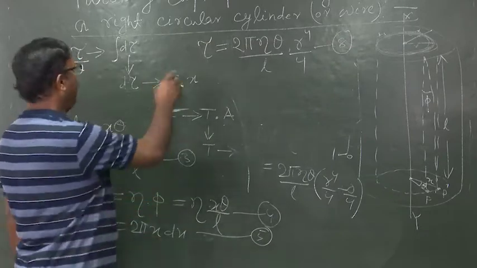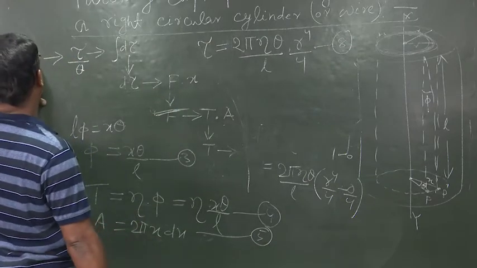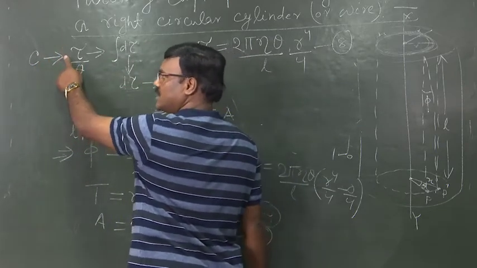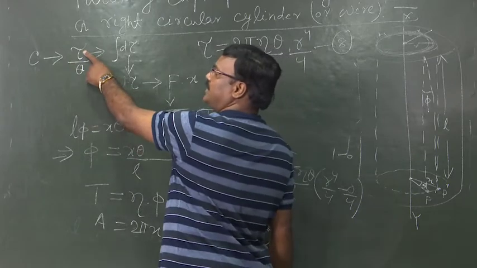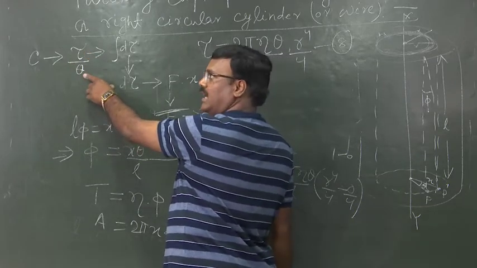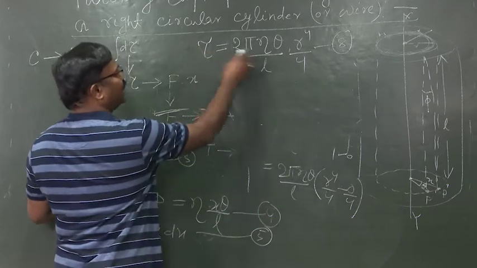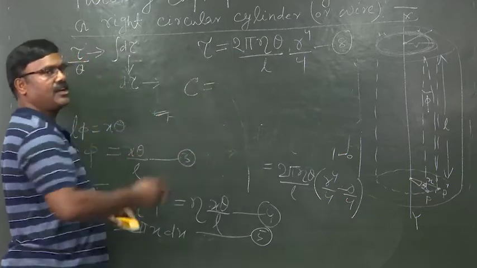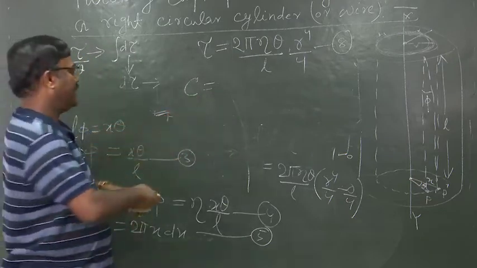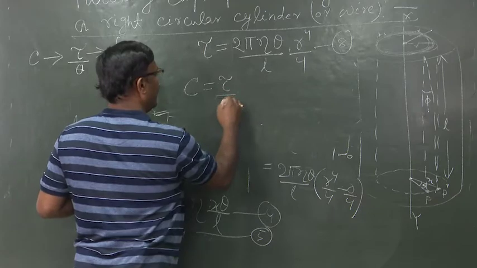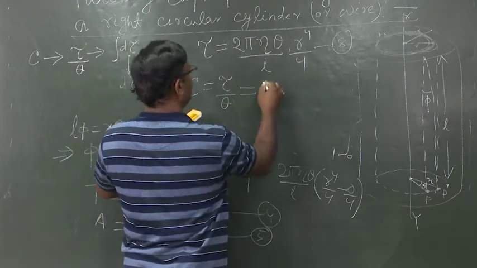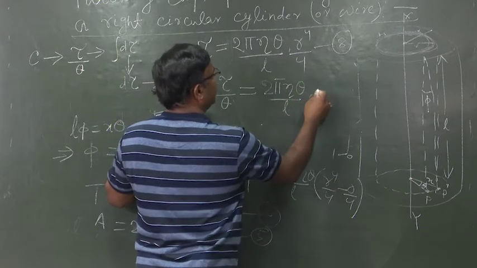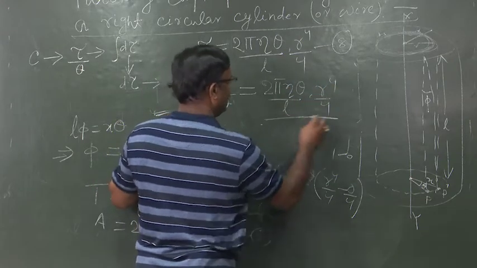Now our aim is to find out C, which is the torsional couple per unit angular twist, and which can be obtained if tau is divided by theta. Now tau is this much. So C, the torsional couple per unit angular twist, is equal to tau by theta, which is equal to 2 pi eta theta by L into r4 by 4, whole divided by theta.